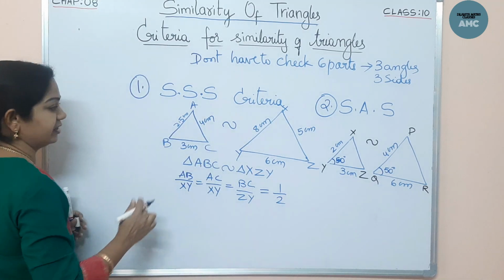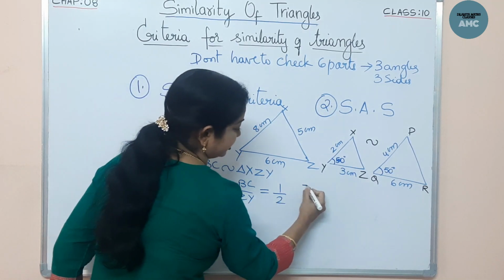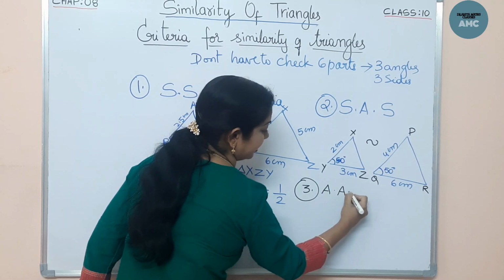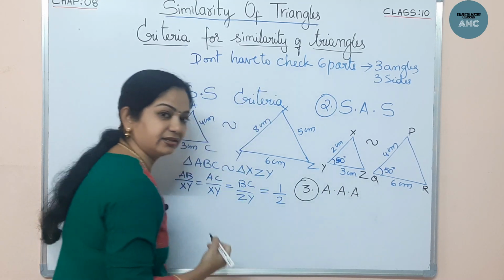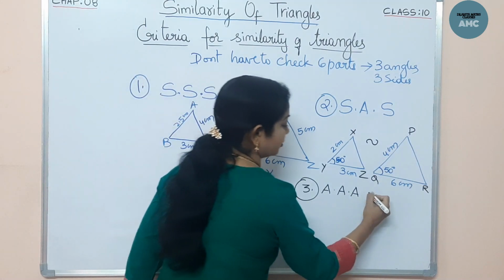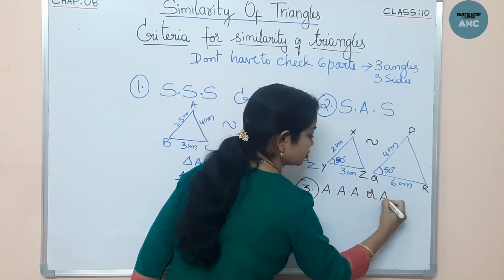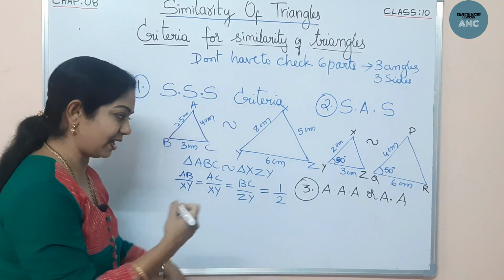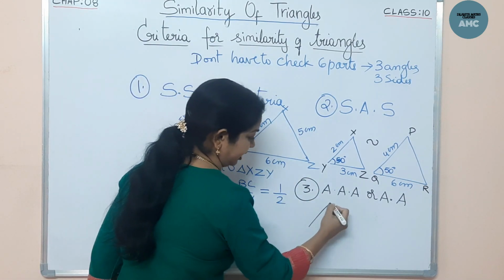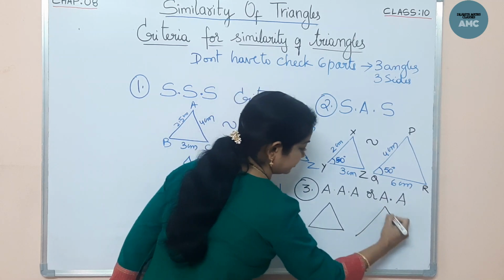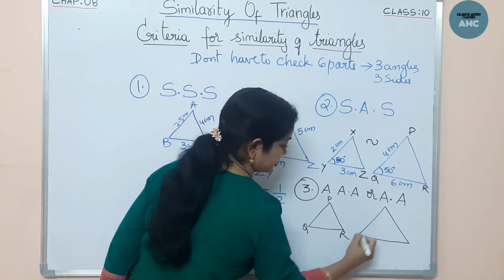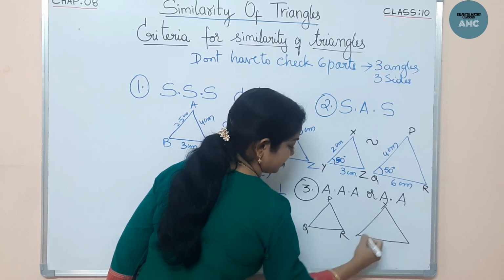Likewise, we have the third condition. I'll write it here. That is angle, angle and angle. Three angles, or else we can also say just two angles. Why like this? I'll explain while I'm telling the problem. Now if you take two triangles here, let this be PQR and let this be XYZ.